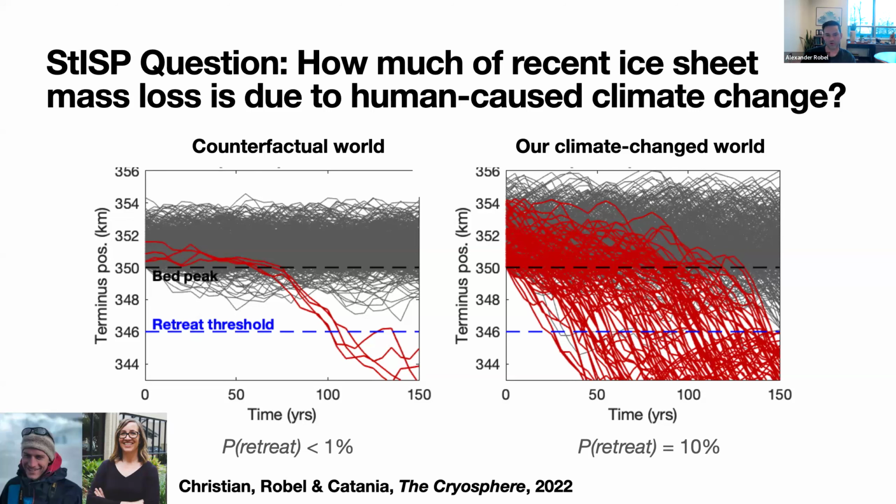You can see in that world, in 1,000 realizations of the future evolution of this glacier, in the vast majority of them, the glacier just bounces around and doesn't retreat very much. But in a few cases, a non-zero number of cases, the glacier undergoes a pretty significant and catastrophic retreat. However, if you add in a trend in the forcing on top of that, you increase the probability of retreat.